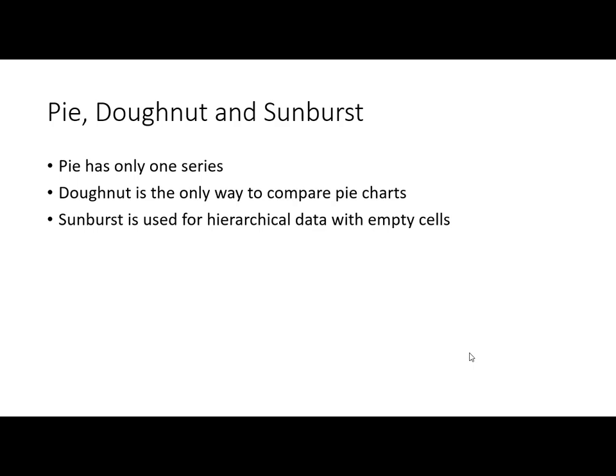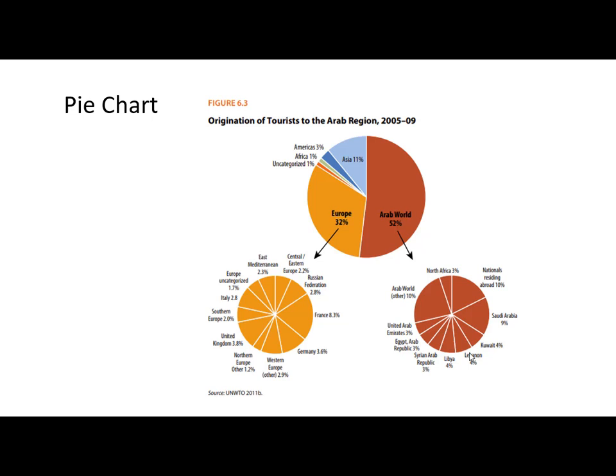Pie, donut, and sunburst, three of them are circles, but they have different uses. Pie has only one series, and donut is the only way to compare pie charts, two or more. And sunburst is a different graph used for hierarchical data, which is the only chart in Excel where the table can include empty cells.